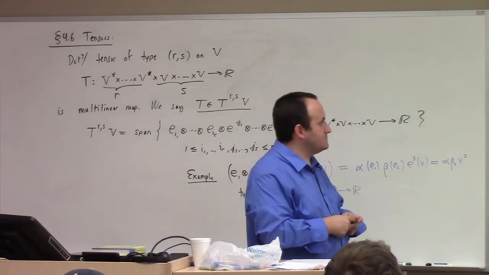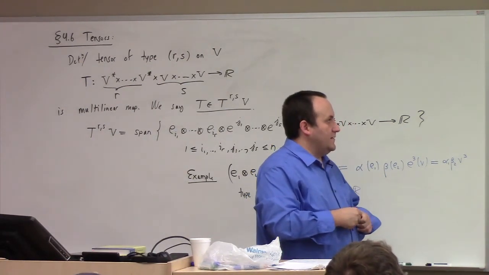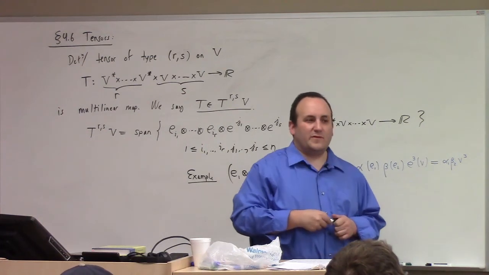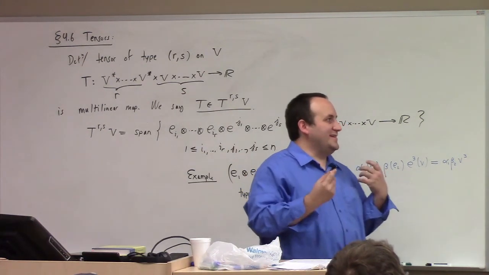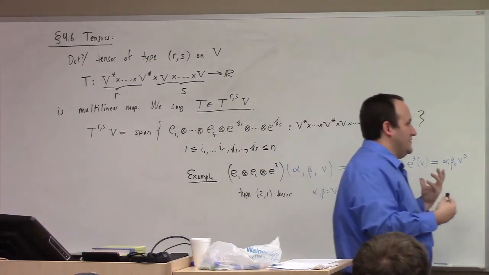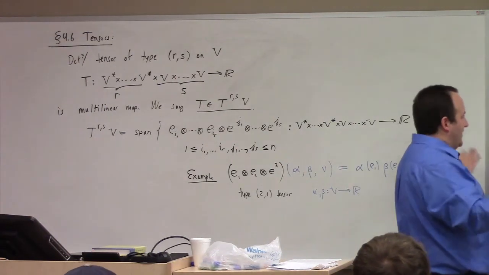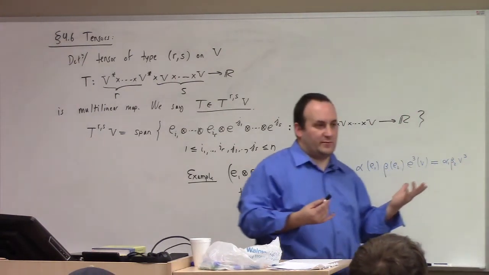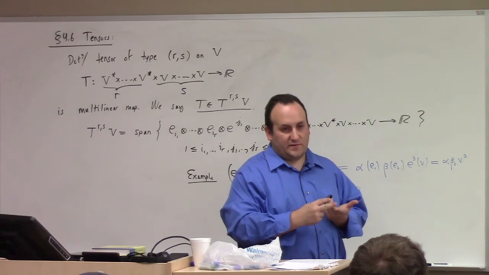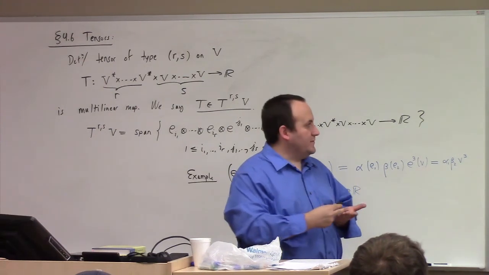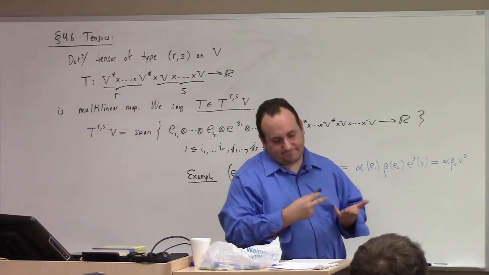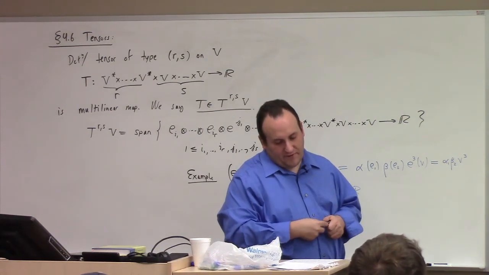All right. Don't worry, do not fret. I'm trying to just put the general thing out there, but by and large, we just work with either dual vectors, vector fields, or differential forms.